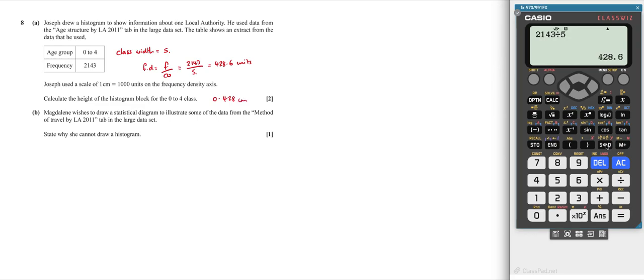Magdalene wishes to draw a statistical diagram to illustrate some of the data from method of travel. Why can she not draw a histogram? Method of travel is like car, bus, metro, light underground, walk, passenger in car, passenger in van, driver of car. All of those things are discrete data.